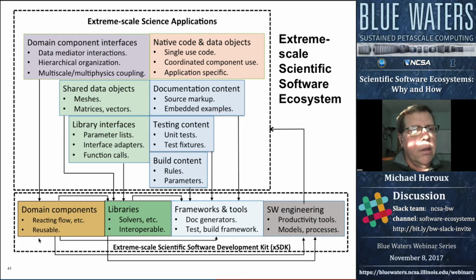And so what we've been trying to do in the last few years is develop a capability to interact with each other, to create what we're calling a scientific software ecosystem that will support application developers in being able to use the collection of our software without having to deal with incompatibilities that were preventable.